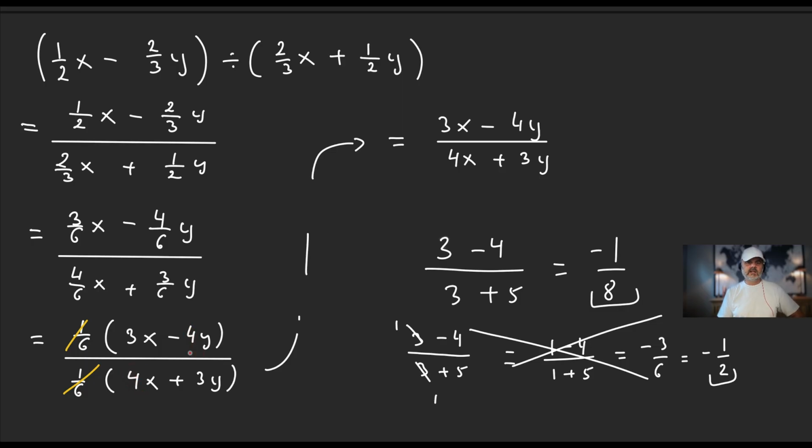It doesn't work like that. Common factor, when we extracted 1 over 6, then we can reduce it because 1 over 6 divided by 1 over 6 is 1. And that is the only time that you can simplify fractions. Not any other way is possible. So hopefully that makes sense.